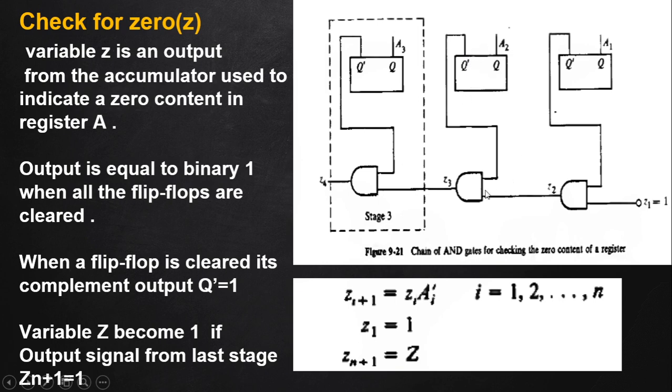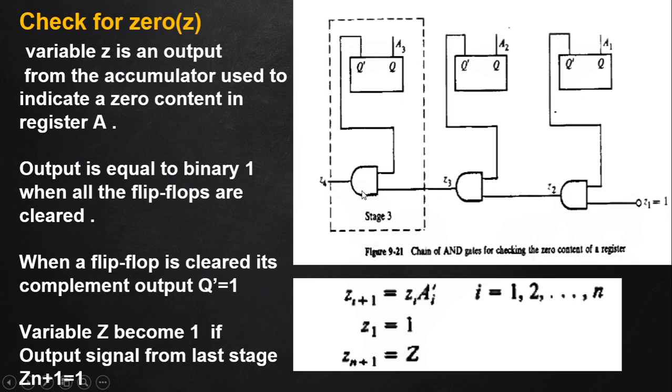That 1 is again ANDed with this Z2 value, which is already 1, and generates Z3. So 1 and 1 become 1 here. That forms the value of this Z3.